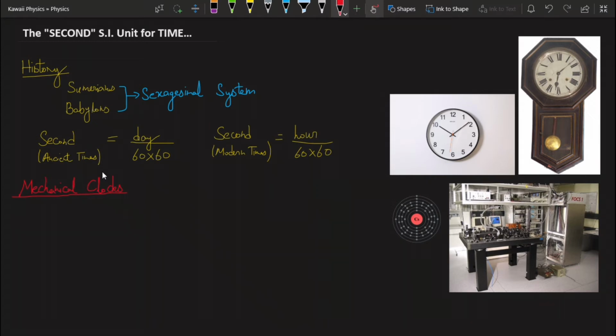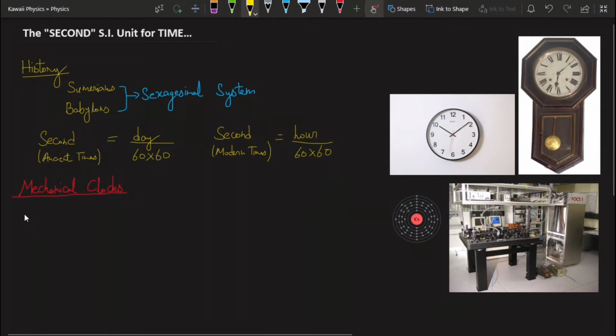But the problem of the second was still far from over. So when did we create a mechanical clock that was accurately able to measure a second? That was in 1656.